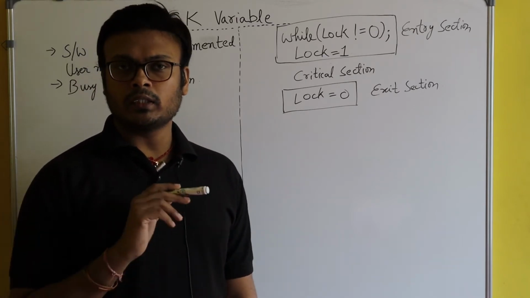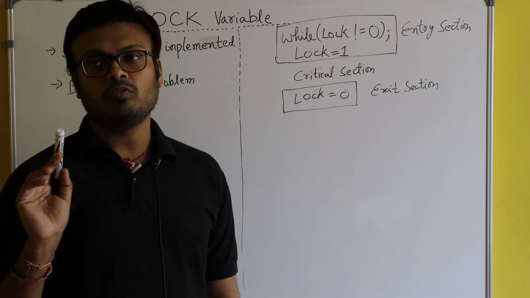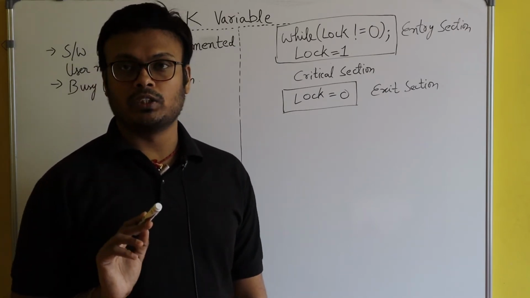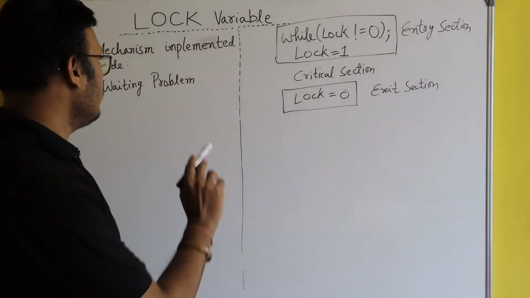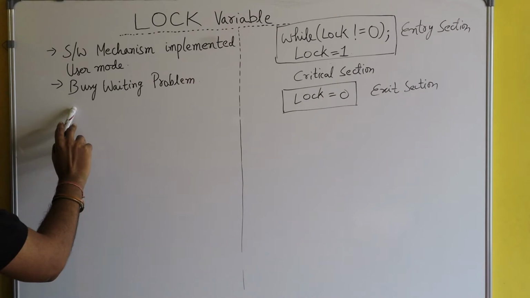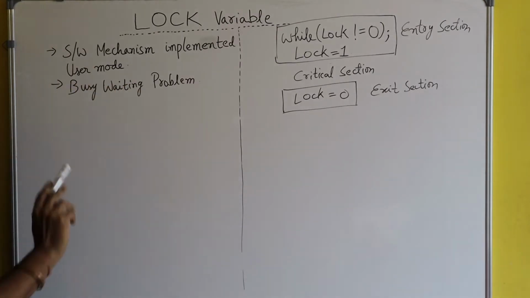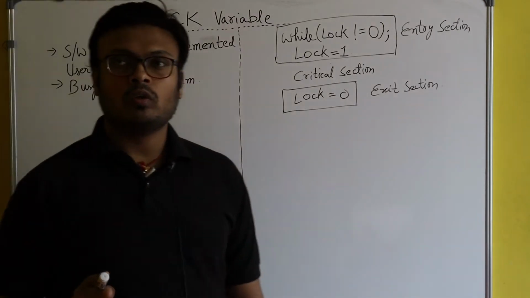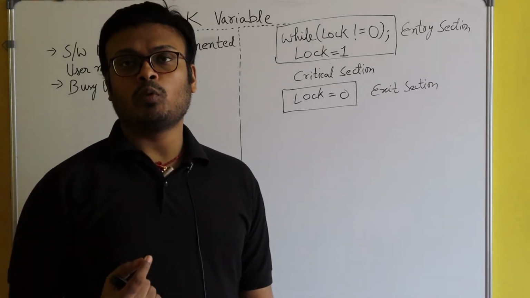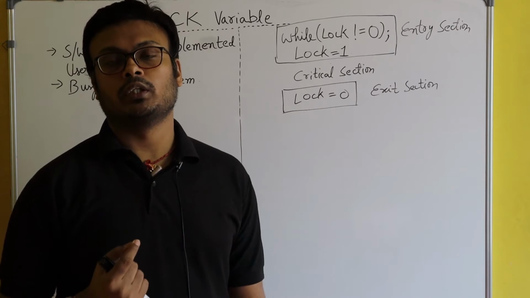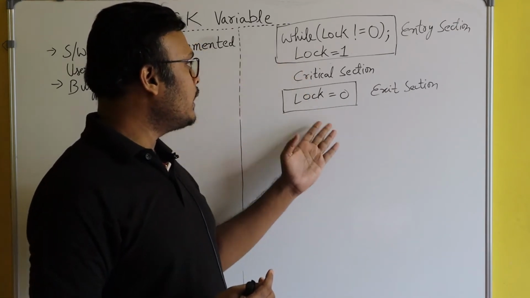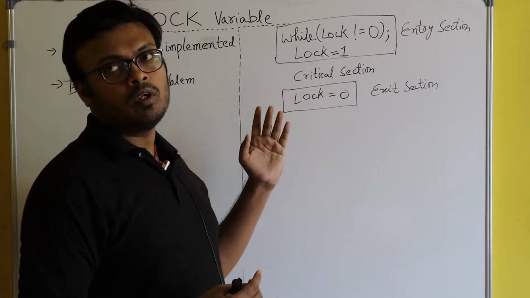The second point is that it suffers from the busy waiting problem, and we will see how. And one of the most important points is mutual exclusion, so we will see whether mutual exclusion is there in the lock variable or not.